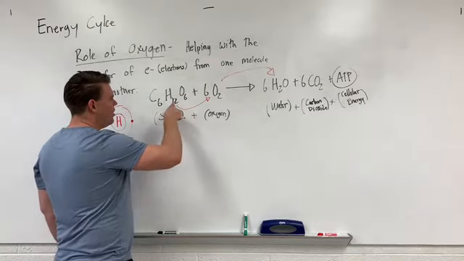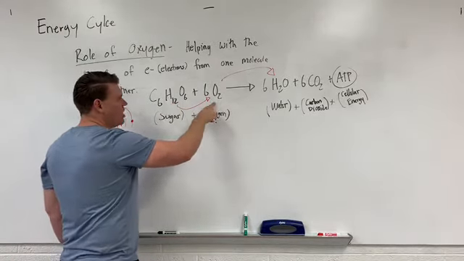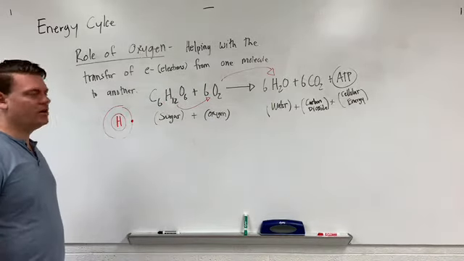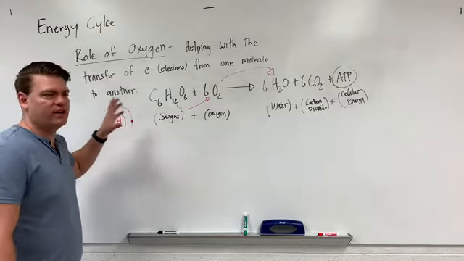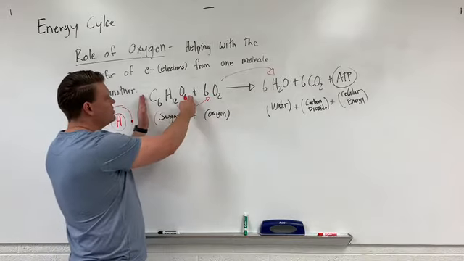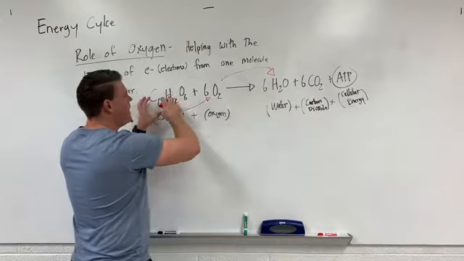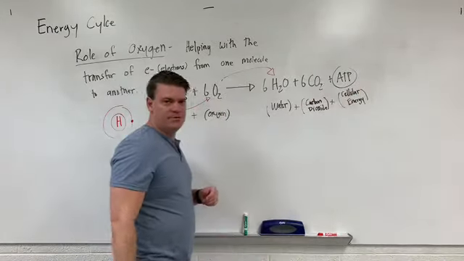Because if you add all of your hydrogens to the oxygens, then you end up creating the water. And so that's the role that oxygen is playing here. It's helping move these electrons and pretty much stealing the electrons from this larger molecule to make a smaller molecule, and the energy that's released from this creates our ATP.